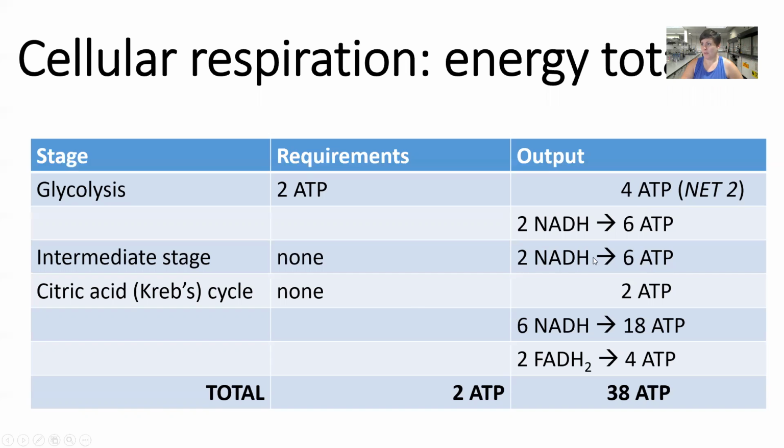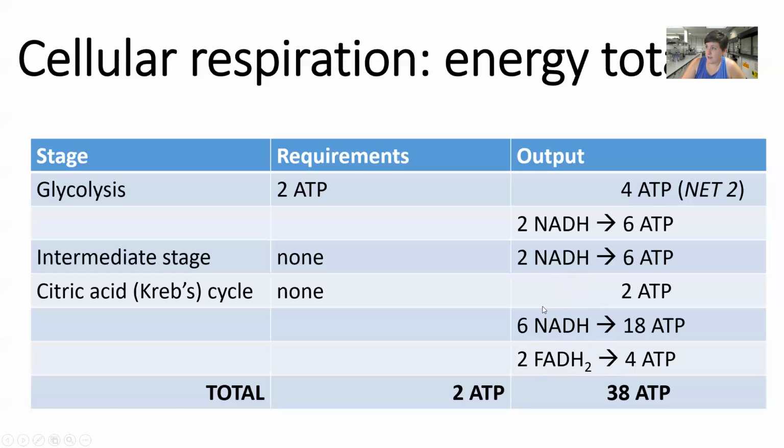Then we have the Krebs cycle, which is crazy. First, it gives us 2 ATP via substrate level phosphorylation, just gives us some ATP. But then we're breaking a ton of bonds. And overall, with our 2 entering acetyl coenzyme molecules, we'll get output of 6 NADH and 2 FADH2s.